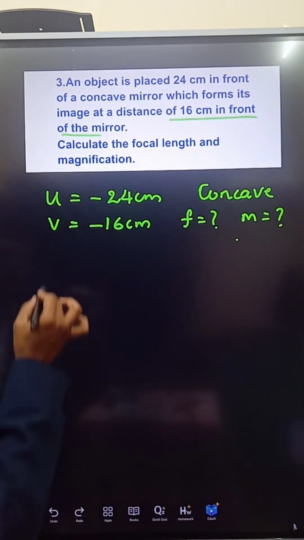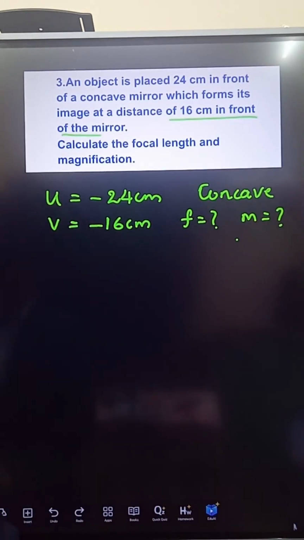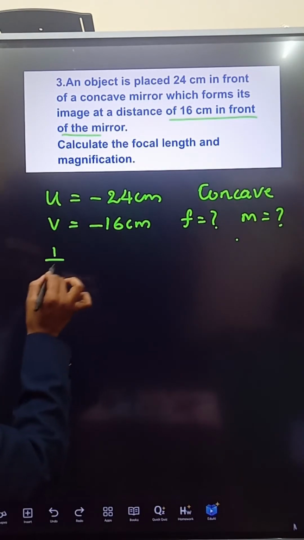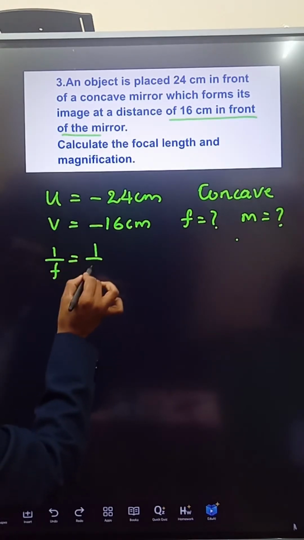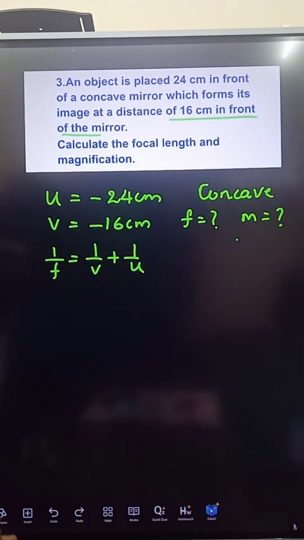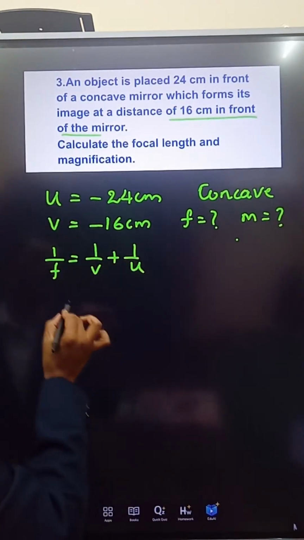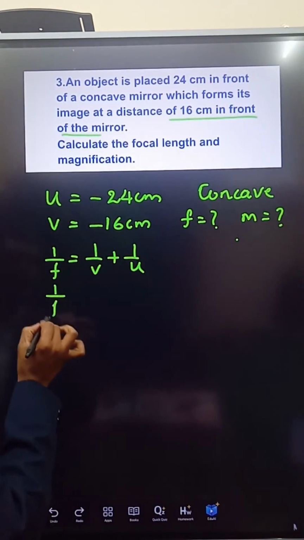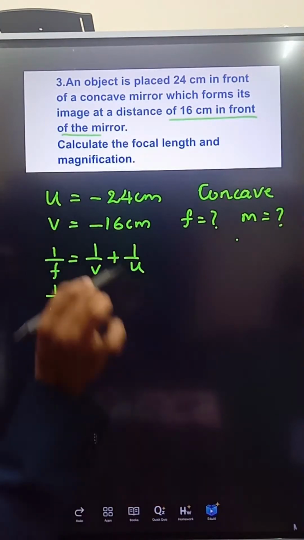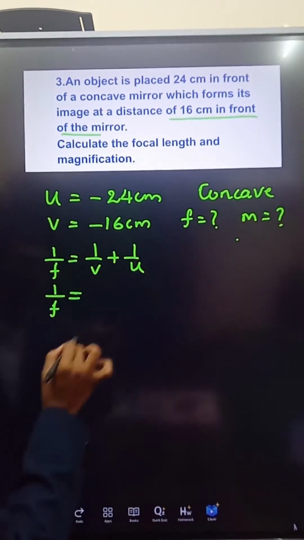Now, as you know, the formula is 1 by f is equal to 1 by v plus 1 by u. You just substitute the values so that you will get f. I do not solve this, you try; I'll just go on giving you hints.